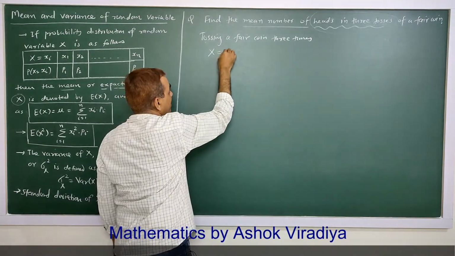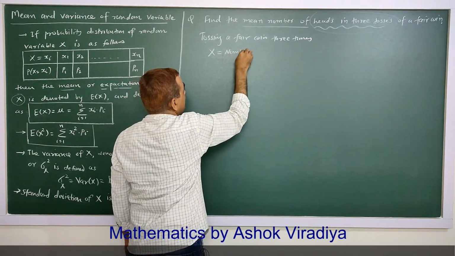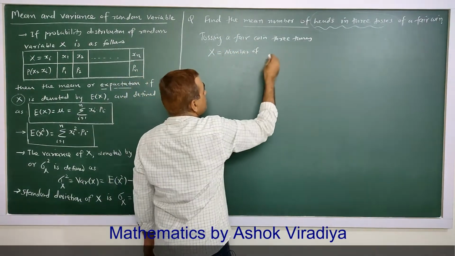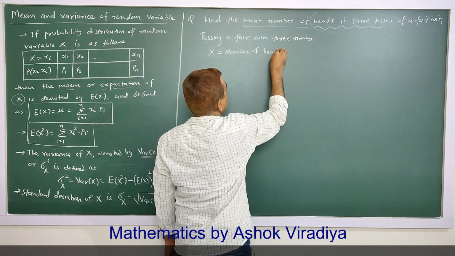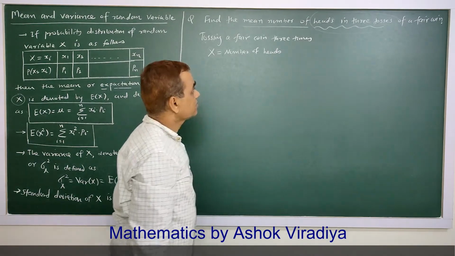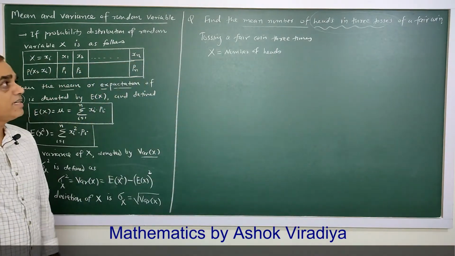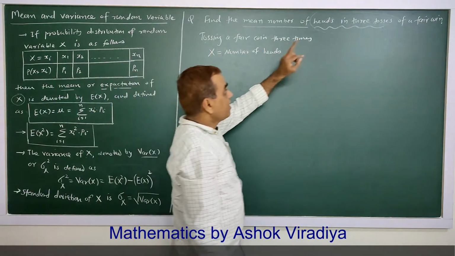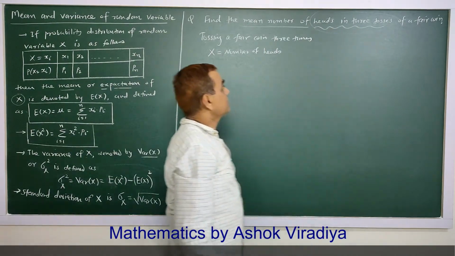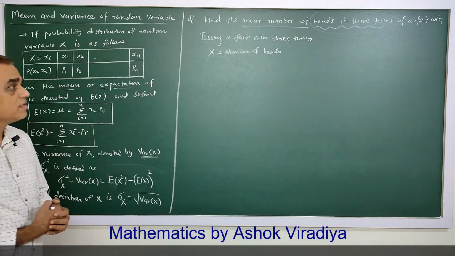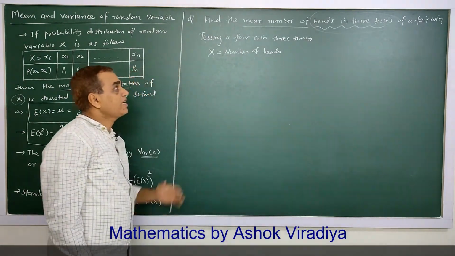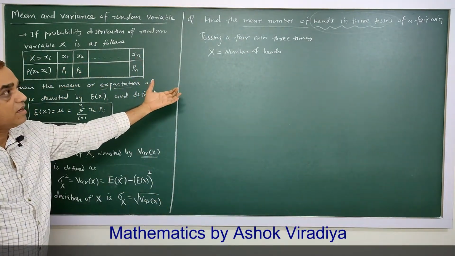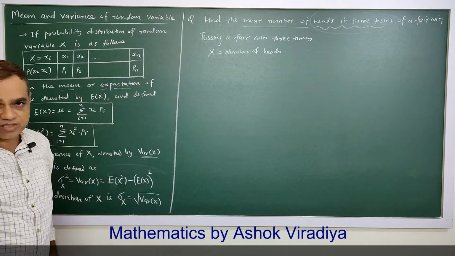X is defined as the number of heads. So x is the number of heads when a fair coin is tossed 3 times.